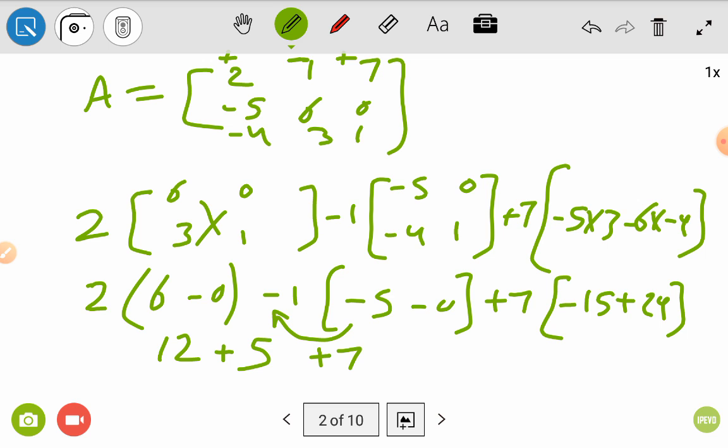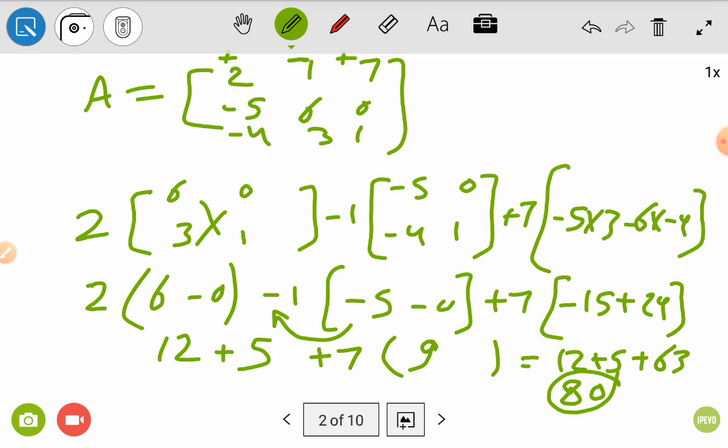Here plus 7 times 9, since negative 15 plus 24 equals 9. Here 12 plus 5 plus 63. The answer will be 80.